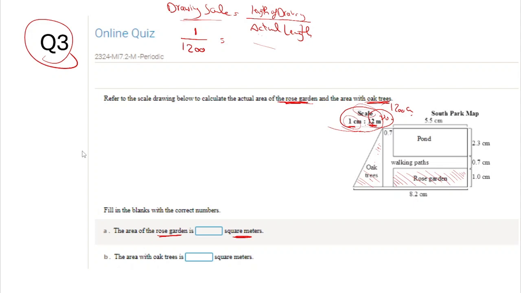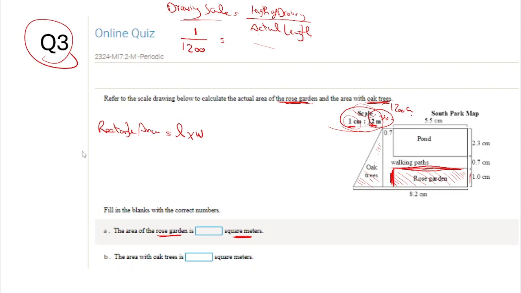Okay, this rose garden, if you can see, it's like a rectangle. So the area of the rectangle equals length multiplied by width. Here the width is 1 centimeter. Okay, and for the length here, how can we get it?